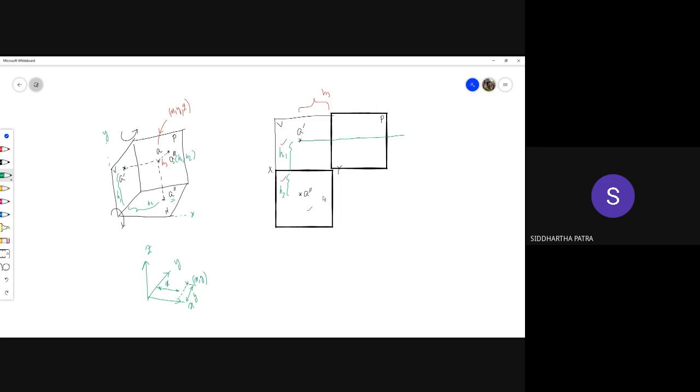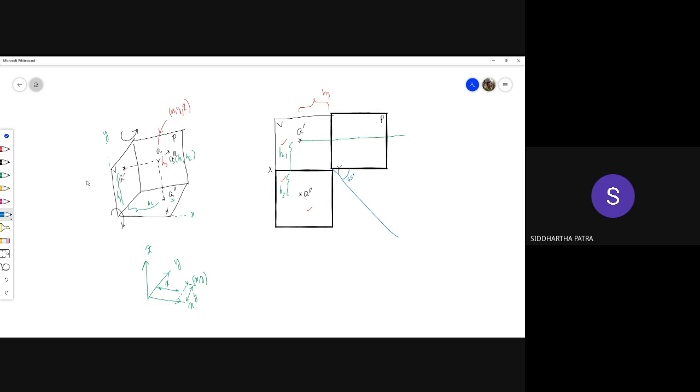Now, how do you take h2 to the profile plane? For that, there are two ways to do it. One is that you draw a line making an angle of 45 degrees with either of the two lines representing the horizontal or the profile plane.